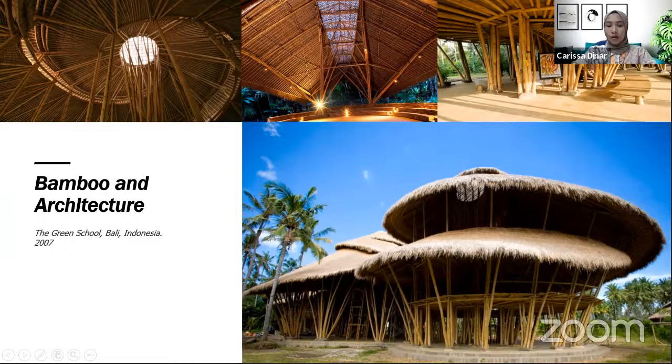Local bamboo, grown using sustainable methods, is used in innovative and experimental ways that demonstrate its architectural possibilities. The result is a holistic green community with a strong educational mandate that seeks to inspire students to be more engaged and more passionate about the environment and the planet.